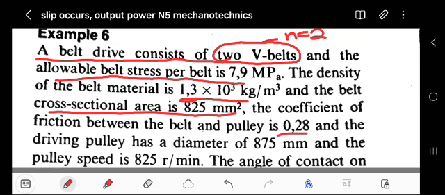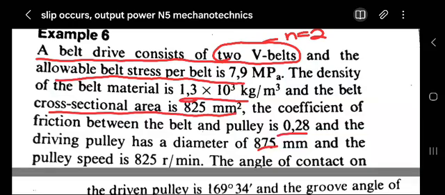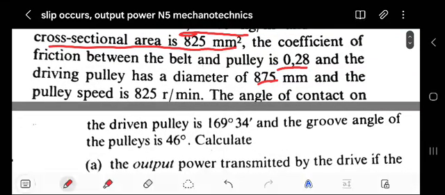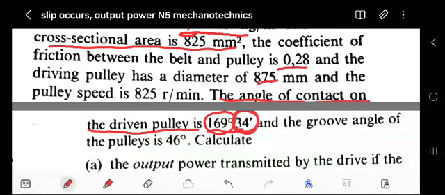The driving pulley has a diameter of 875 millimeter, and the speed is 825 revs per minute. Then we are given the angle of contact on the driven pulley. Take note, this is in degrees and this is in minutes. We are given 160 degrees, and they have also given minutes there.